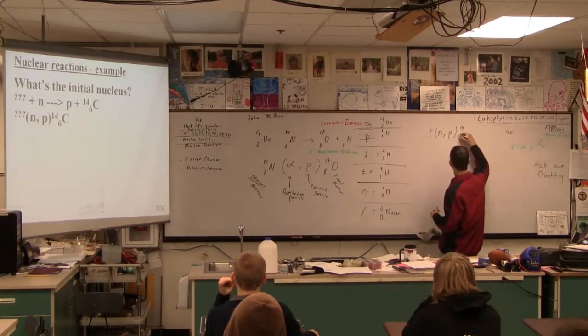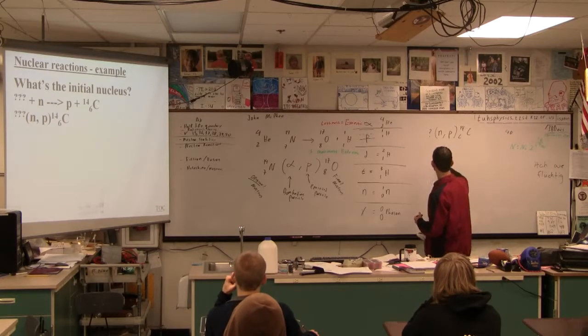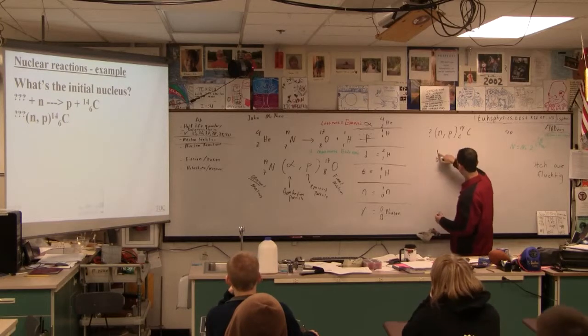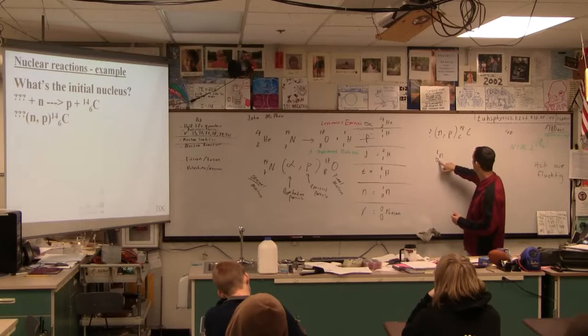This is how it'll be written, right? So the question is, what is this guy here? Well, I'm just going to write the numbers out. So a neutron is a 1, 0. That is, it's one nucleon but 0 protons.